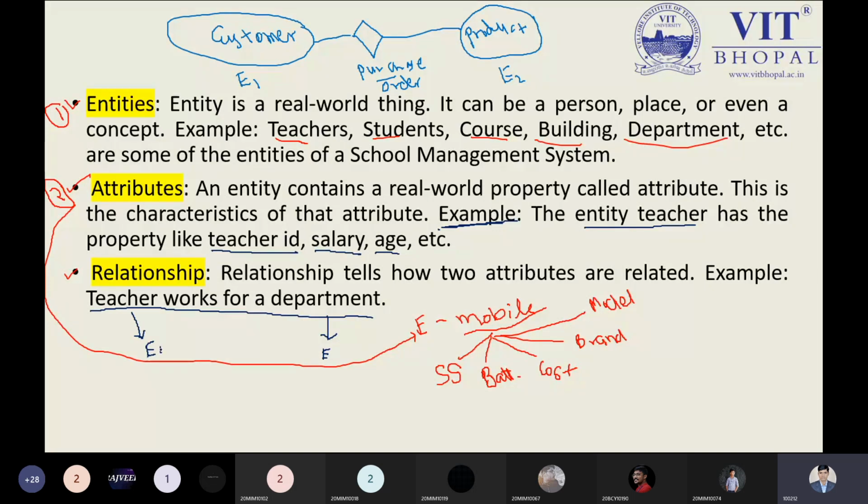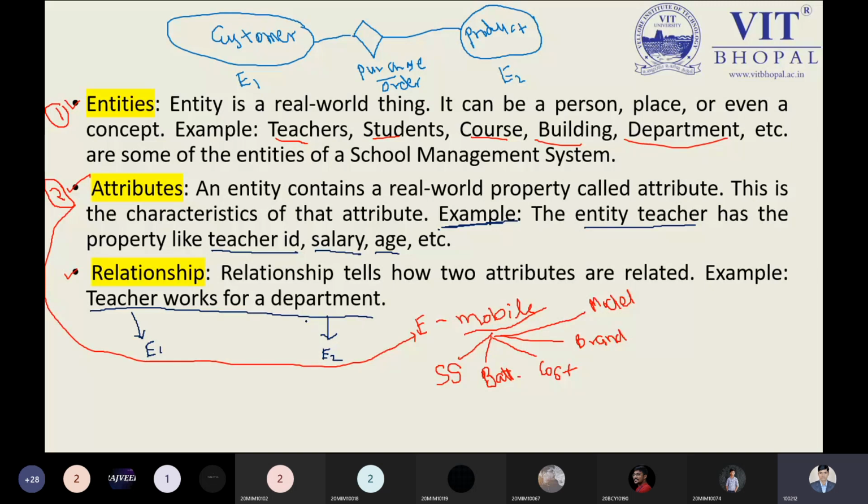What is the relationship? Works. The teacher works in the department. In which department does the teacher belong? There is a department ID or department name by which we can recognize the teacher's affiliation, where she or he belongs. That was my point.